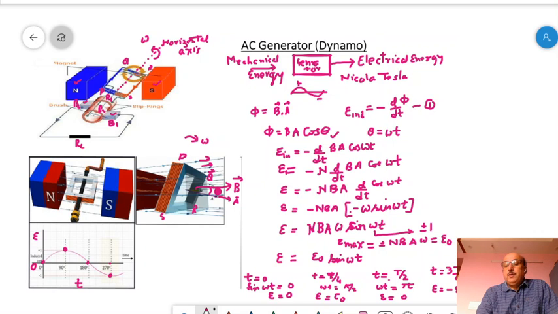Then we will get again E is equal to 0. So as the rotation takes place, we will get the alternating EMF in regular intervals.